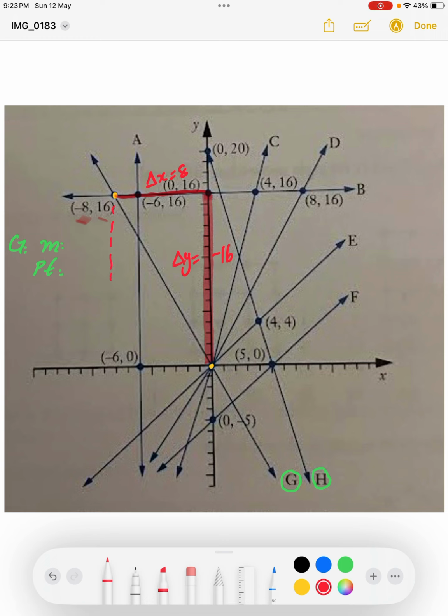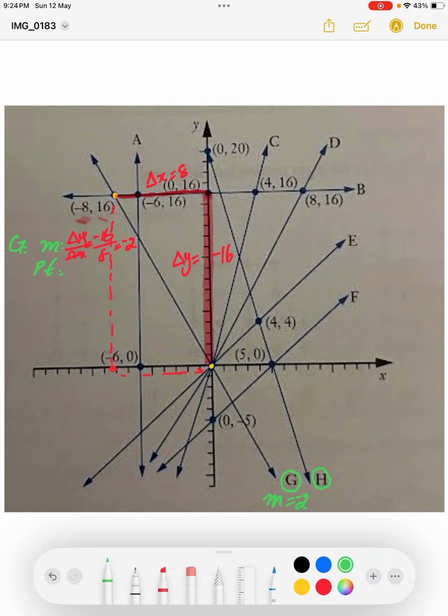Actually, we could have gone down 16 here, and then from that point across 8 as well. Doesn't matter. Delta y over delta x, negative 16 over 8. It has a gradient of negative 2. So this line here has a gradient of negative 2.